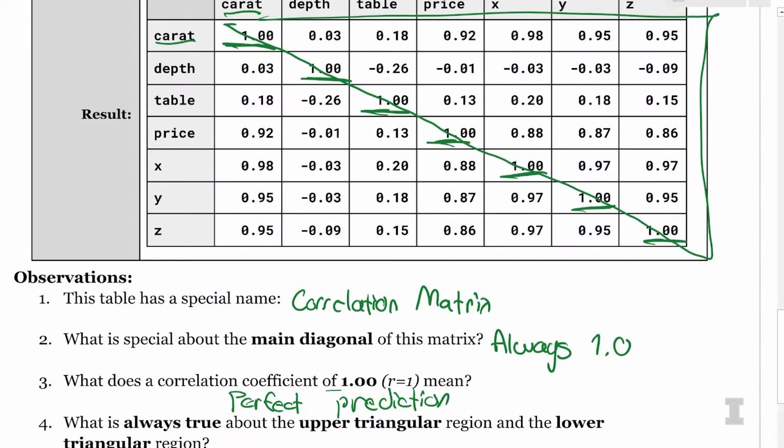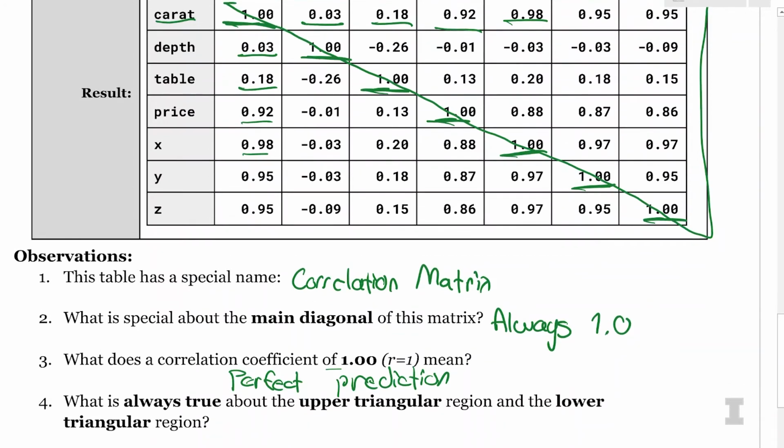And if we look, I see 0.03 in the top corner and then 0.03. Then as I go across, I see 0.18, 0.18, 0.92, 0.92, 0.98, 0.98. So the upper triangular region and the lower triangular region are always a reflection of themselves.